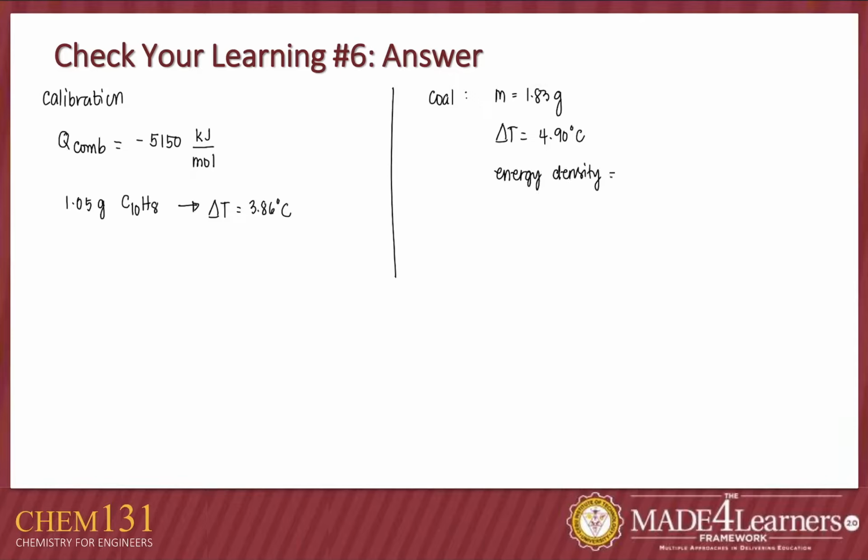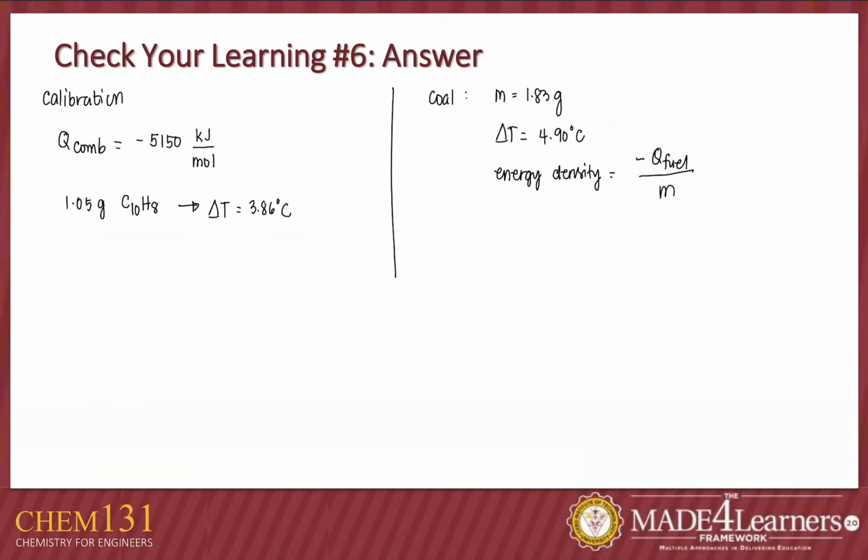So, energy density is negative Q fuel divided by the mass. So, we need to solve the heat of the reaction of burning this amount of coal. But first, we need to find the heat capacity of the calorimeter. So, let's go back to the calibration part.